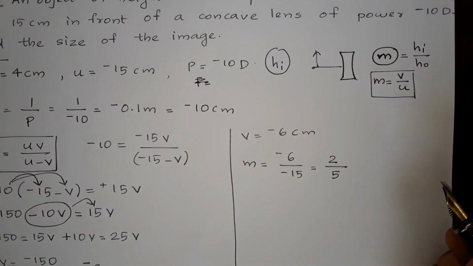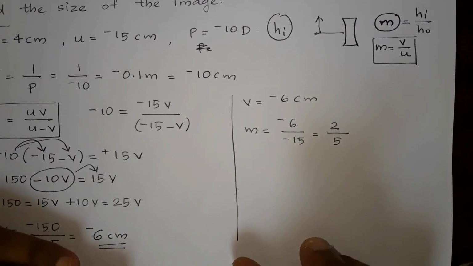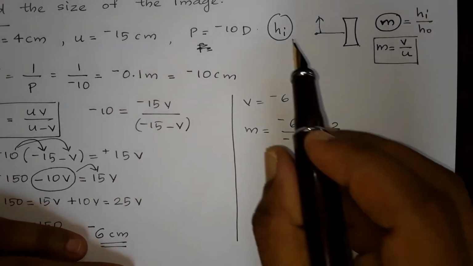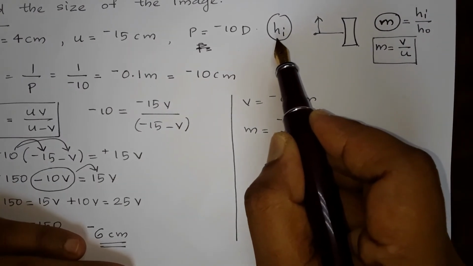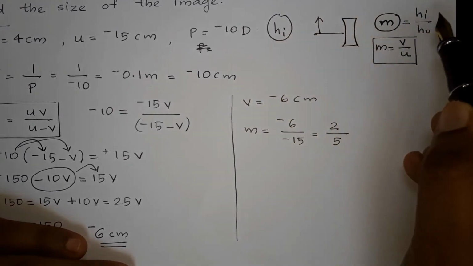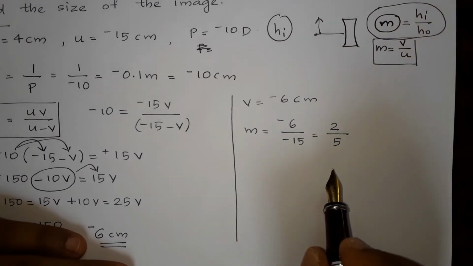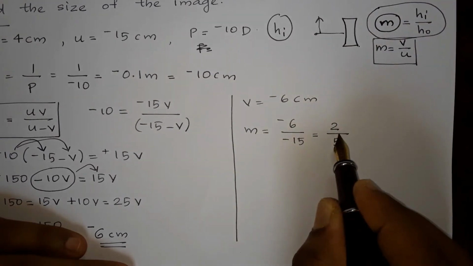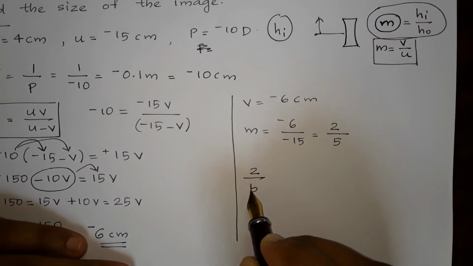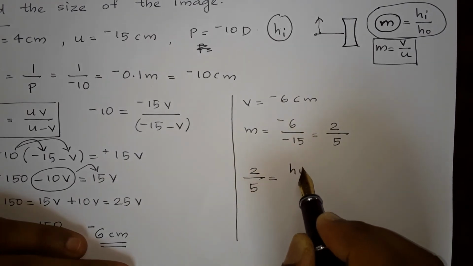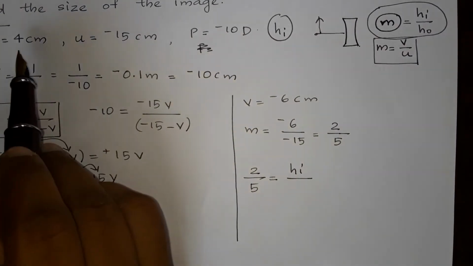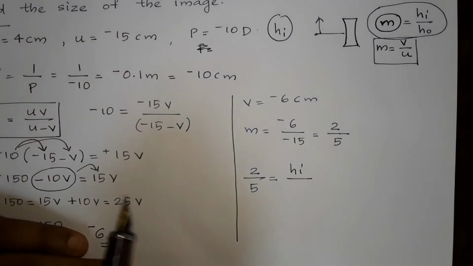Now we are going to get the final answer, that is HI, which was asked in the question, the height of the image. For that we are going to use this relation, m is equal to HI by HO. Actually m is 2 by 5, that is equal to HI by HO. HO is given as 4 centimeter.